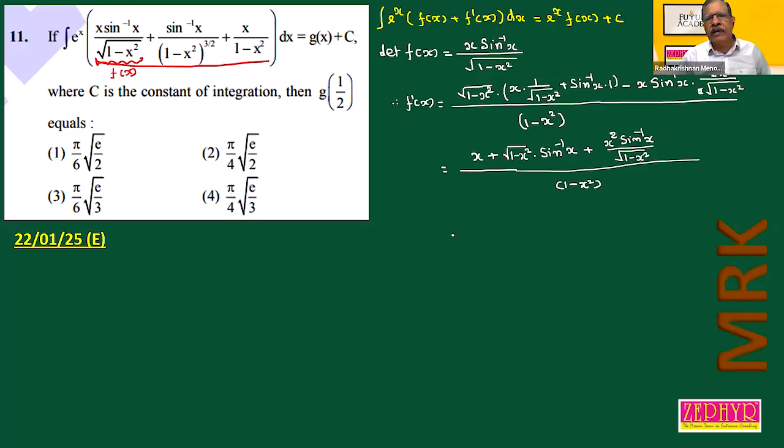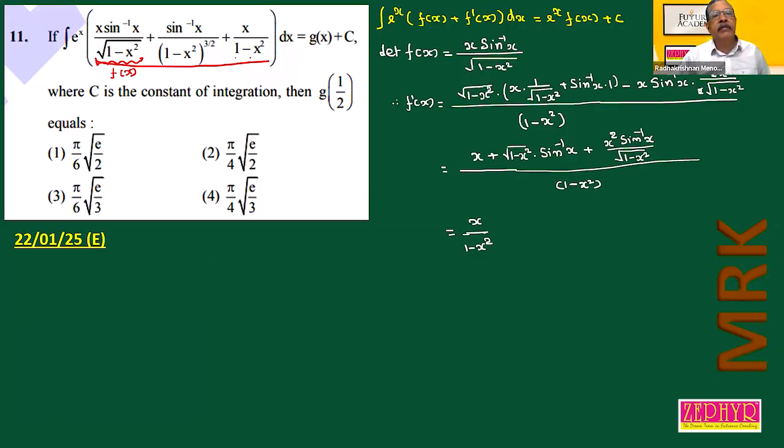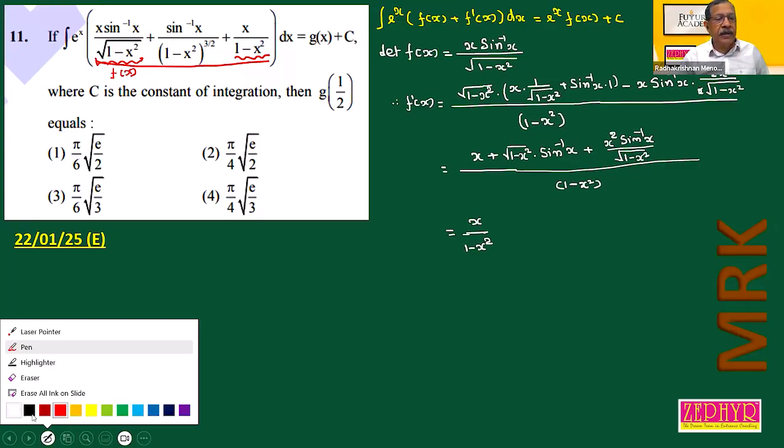So we have got, I am separating it. First, I am writing x by 1 minus x squared. Why? Because we have got x by 1 minus x squared here. Now we simplify the second part.